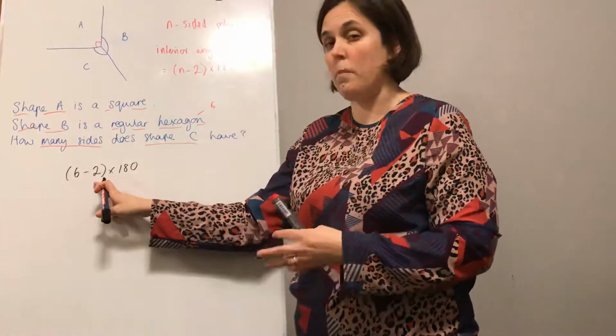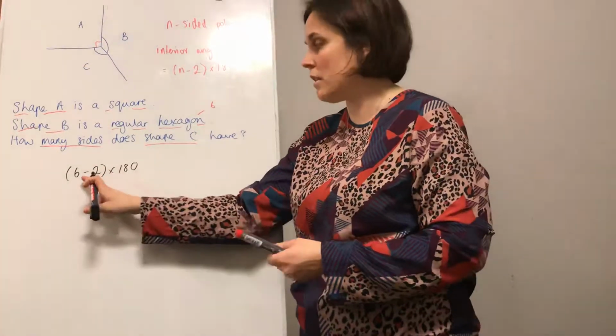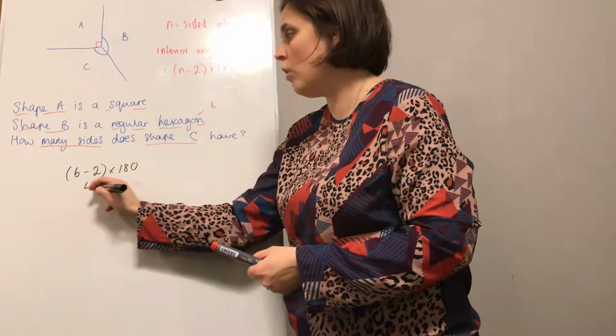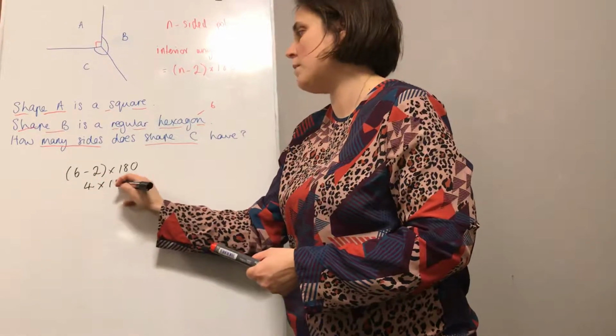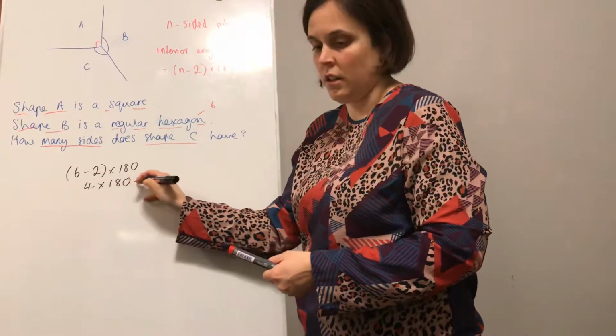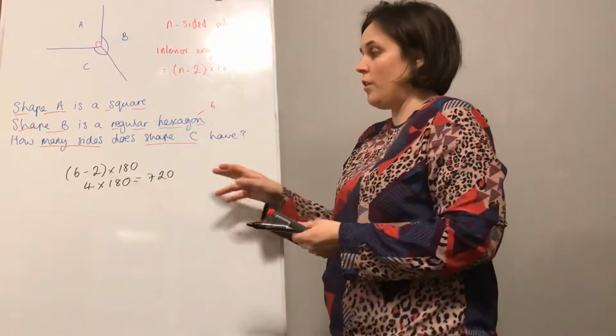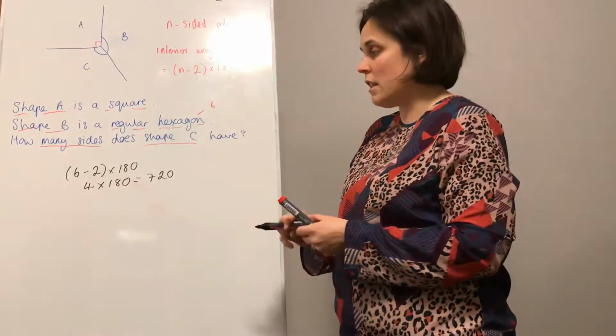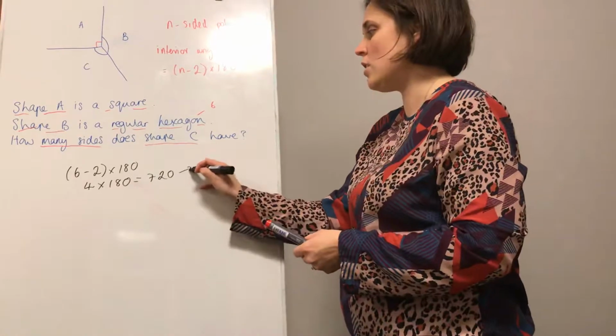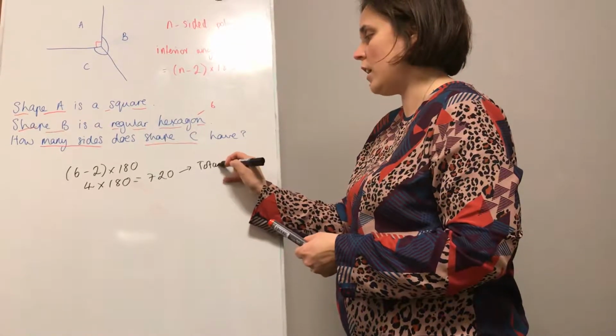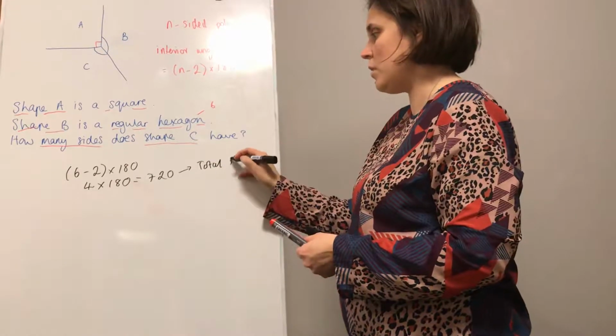Following BIDMAS, we must do the brackets first. So 6 take away 2 is 4. 4 times 180 is 720 degrees. So that's the total of the interior angles, 720 degrees.